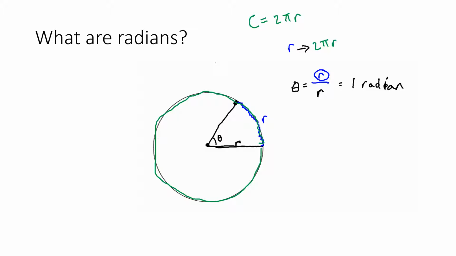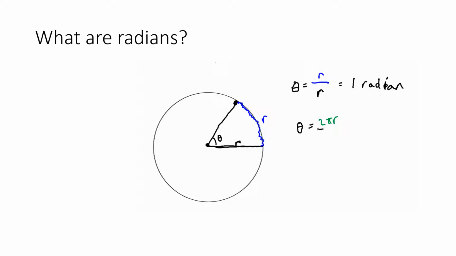So what we want to do is we replace r with 2 times pi times r, so we'll think about what the angle measurement would end up being. If we did that, our new formula would be theta is equal to 2 times pi times r over our radius. Of course, the radius would cancel out or divide out, and we would just be left with 2 pi.